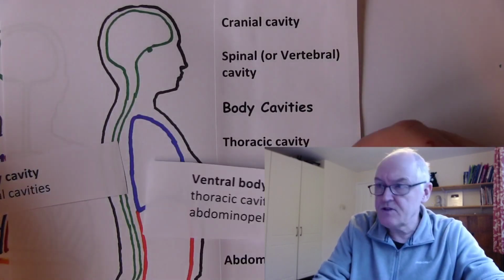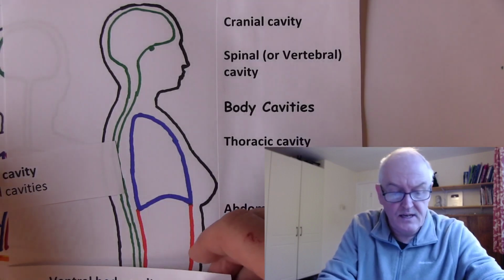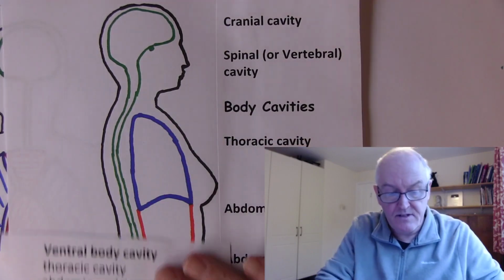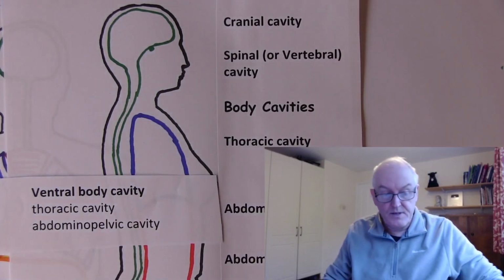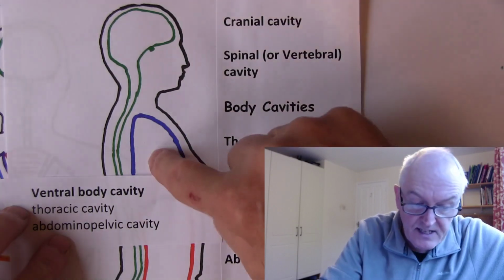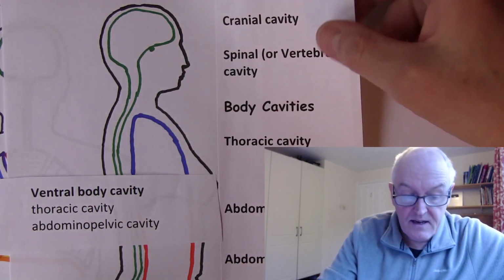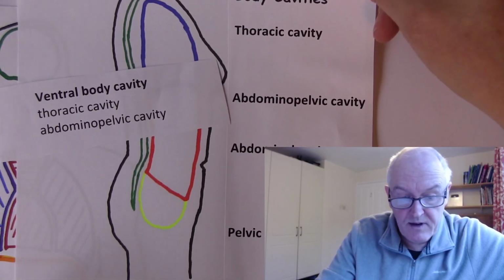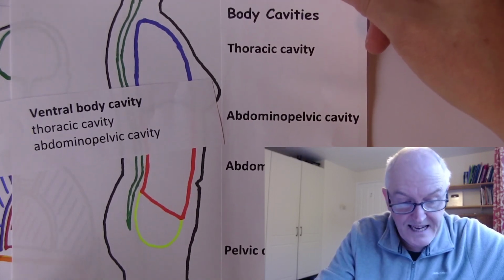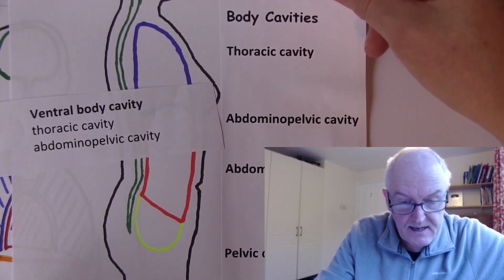All these at the front are sometimes also referred to as the ventral body cavities or the anterior body cavities. So the ventral cavities are going to be the thoracic cavity and the abdominopelvic cavity.